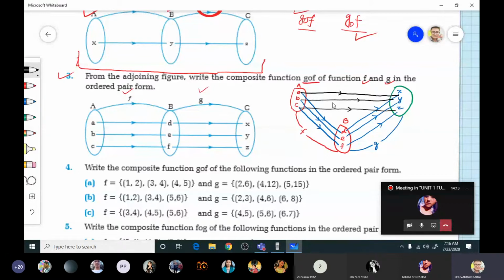You need to put the arrows like this in the middle. In previous slides it was impossible to show the arrows in the middle, but actually you need to put the arrows in the middle.